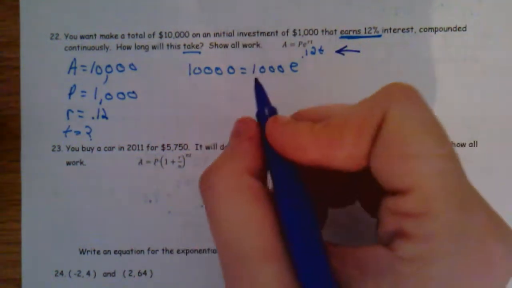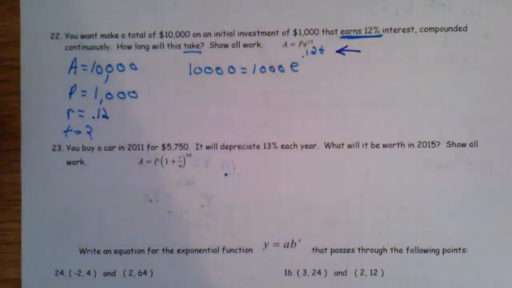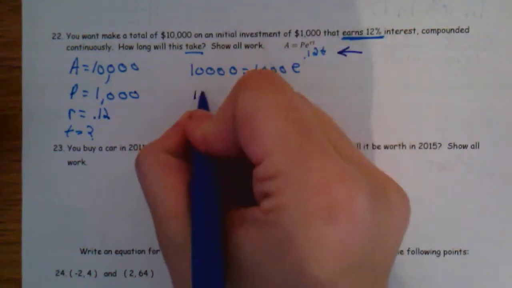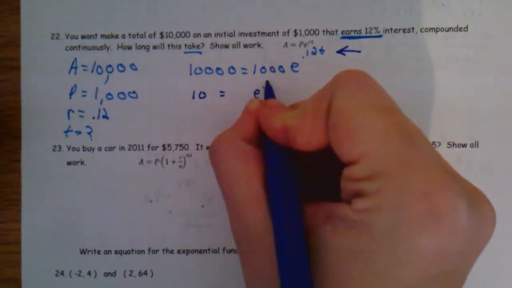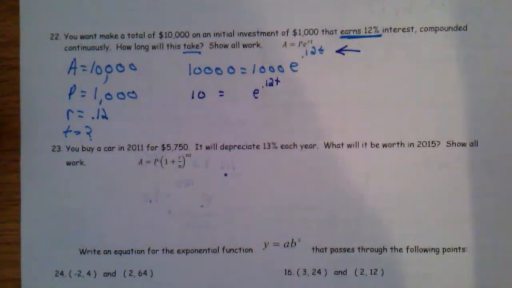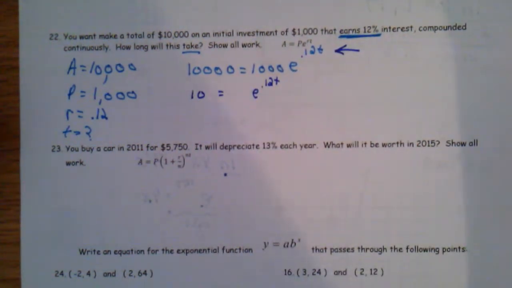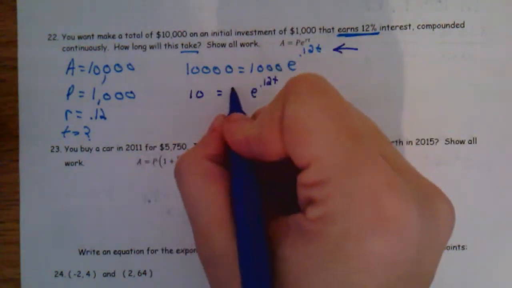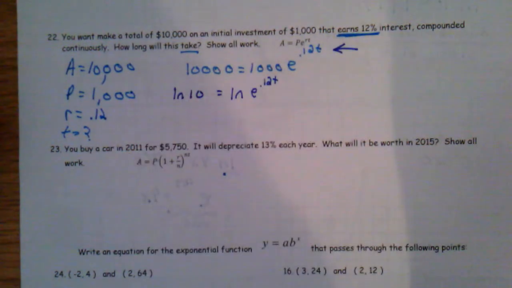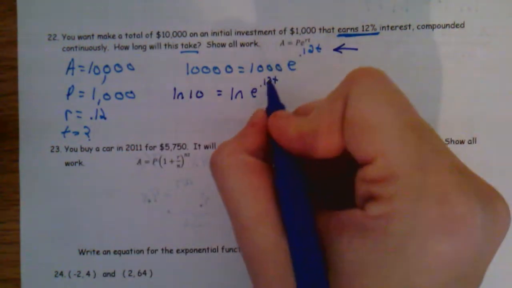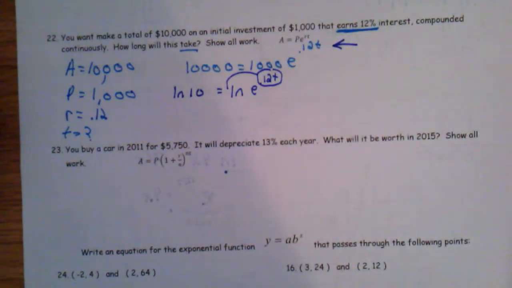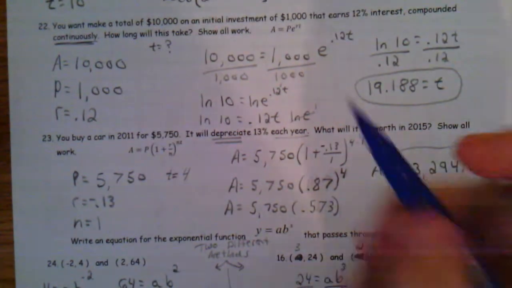So when I solve all this and I get e by itself, I'm going to have 10 equals e to the 0.12 t power. I need to get that exponent down. In order to solve for t, I have to get it down. It is an e, so I'm going to have to ln both sides. Then that variable can come down out front, divide both sides, and it should work out to look something along the lines of this.